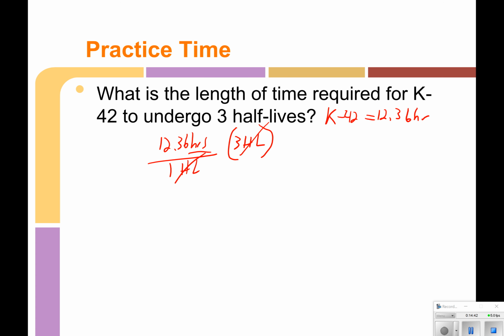So we get 12.36 times 3, and that gives us a total of 37.08 hours. And we're going to keep that just as is. So K42 will take 37.08 hours to undergo 3 half-lives. So we just multiplied the half-life times the total number of half-lives. And we can see there in the math that our units cancel, leaving us with time, which is desired.